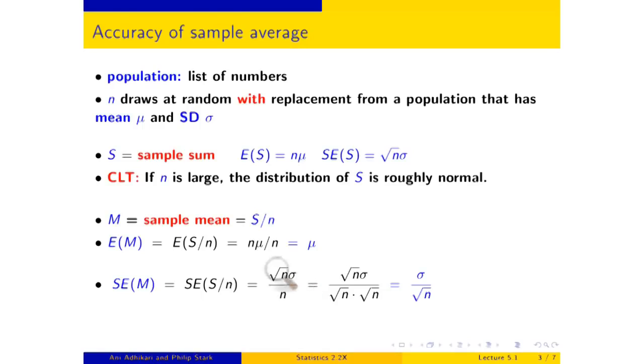And you know, you would love to just cancel these n's. But you can't because this one has a square root and this one doesn't. That's fine. We'll write the denominator as the square root of n times the square root of n, and then we are allowed to cancel one of these. And so what we are left with is the SD of your list in the numerator and square root of n now in the denominator.